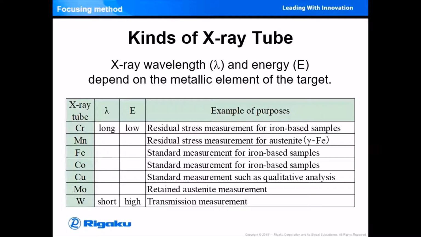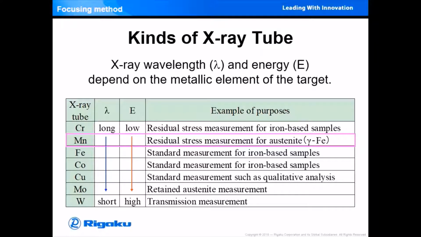I show some X-ray tubes used for X-ray powder diffraction from long wavelength, chromium, to short wavelength, tungsten, in that order in the table. In the same sequence, the energy of the X-rays ranges from low to high. A chromium X-ray tube is mainly used for the residual stress measurement of iron-based samples.